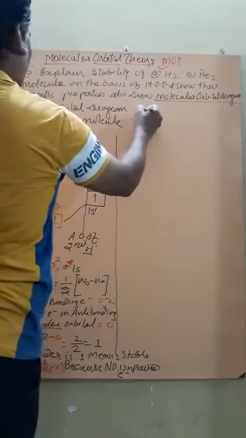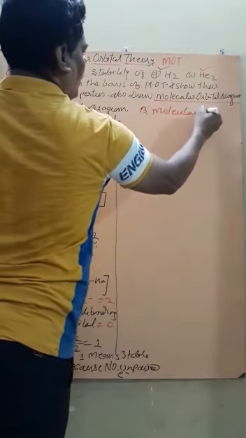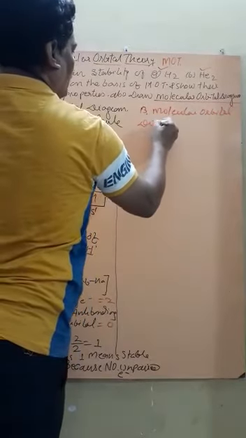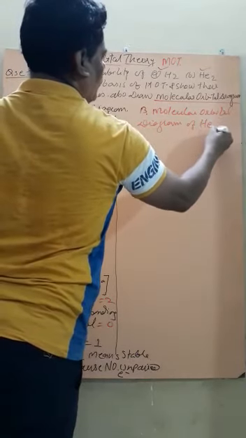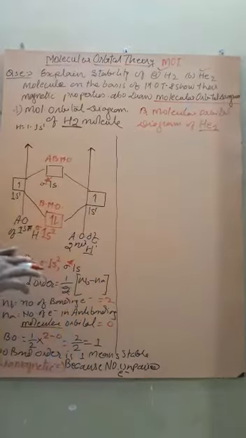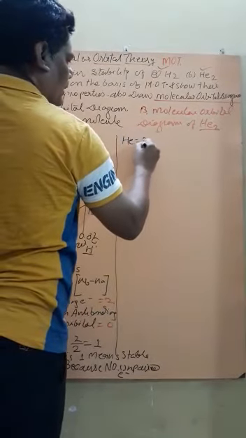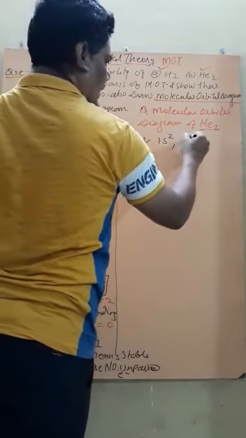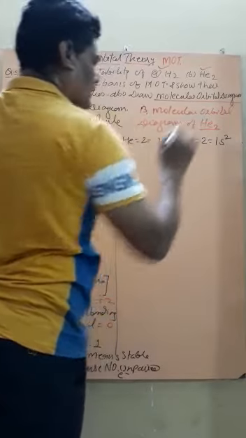Now we write number 2, the molecular orbital diagram of He2. So each He has how many electrons? 2 electrons, and the configuration is 1s2. The second He again has 2 electrons, and the configuration is 1s2.